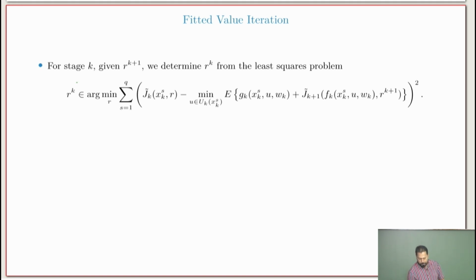This is our parameter R, the parameter Rk that learns to predict the cost at stage k. So our parametric cost approximation is for each stage now. There is no universal cost function in our hand. At stage 1 I have a parametric cost function with parameter R1.